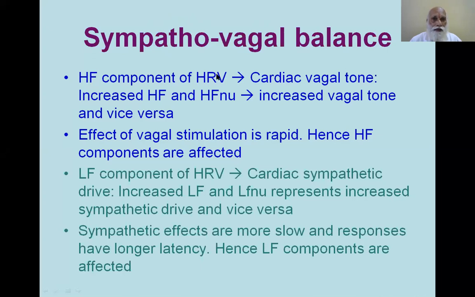The high frequency component of HRV reflects cardiac vagal tone. We have already seen this. The LF component of HRV refers to the sympathetic drive of the heart. Sympathetic effects are slower, so responses also have longer latency.